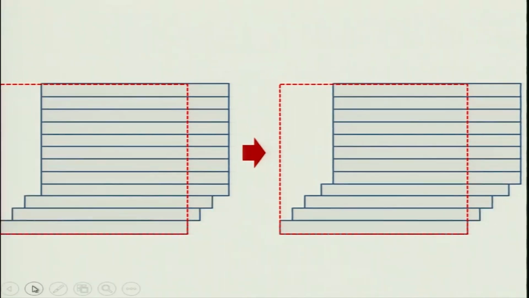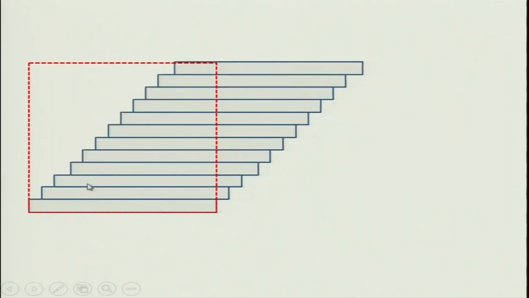So, if you keep doing that, so you had the first one, you have the second one, and then you create the third one, and then you go 1, 2, 3, 4. So, you keep creating the steps, and when you look at it on a macroscopic scale, this is how it will look.